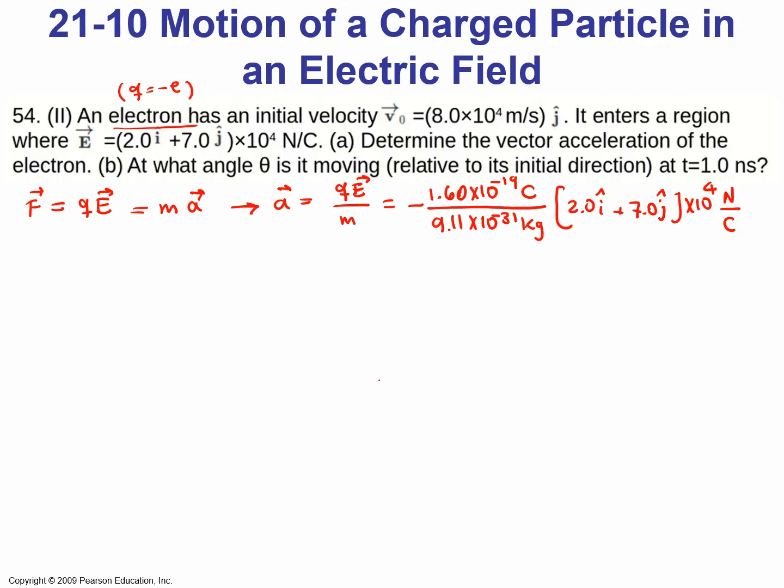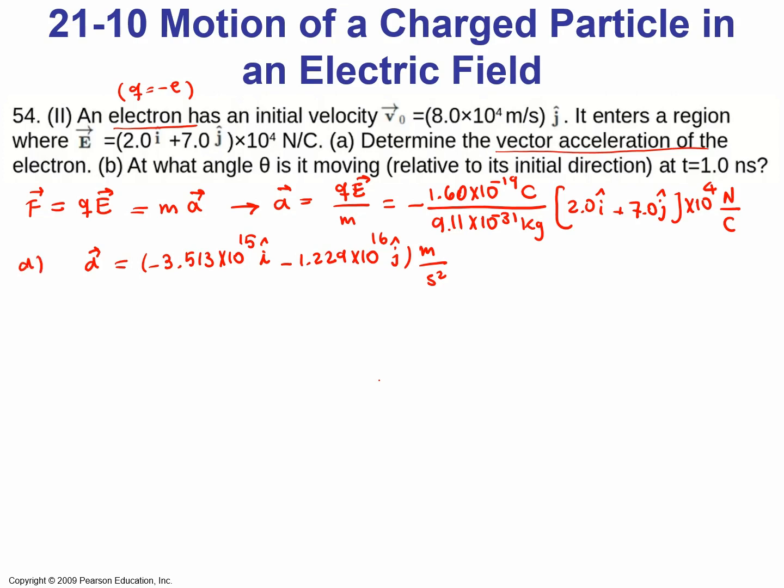If we do the calculations, we will have acceleration a, which is a vector of course, and it's going to be minus 3.513 times 10 to the power 15 along the i direction minus 1.229 times 10 to the power 16 along the j direction, and the unit is going to be meters per second squared. Okay, so this is the vector acceleration of the electron.